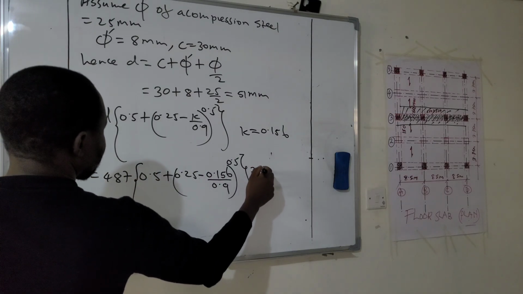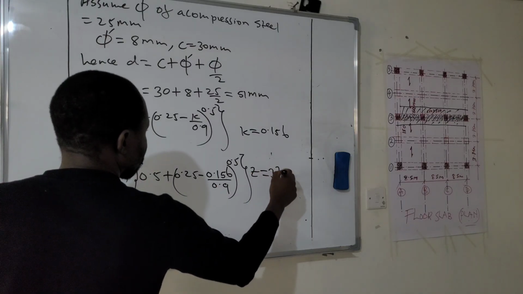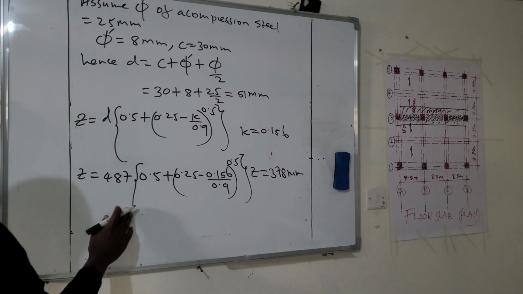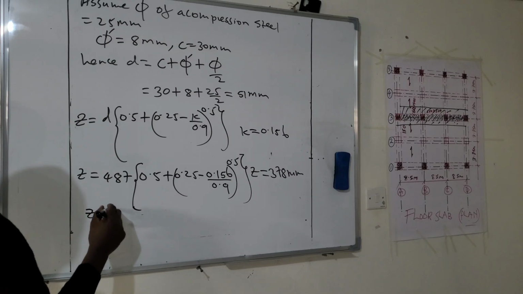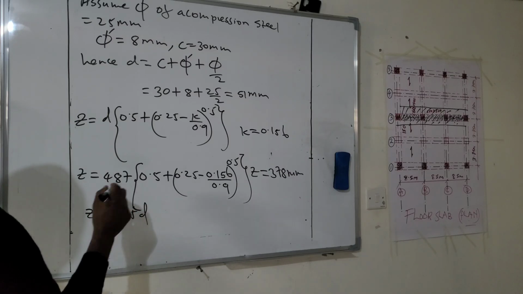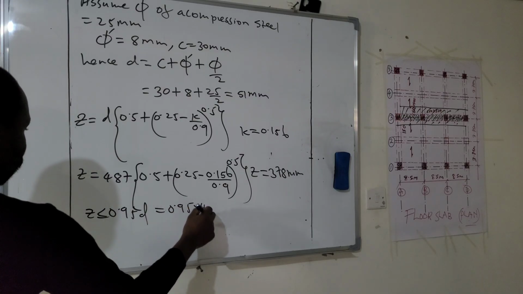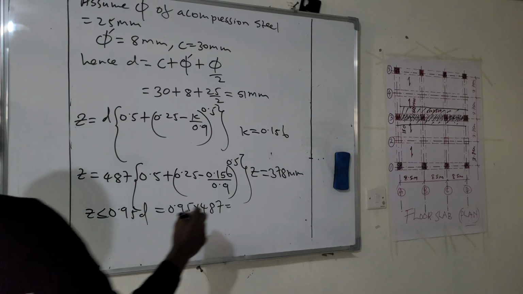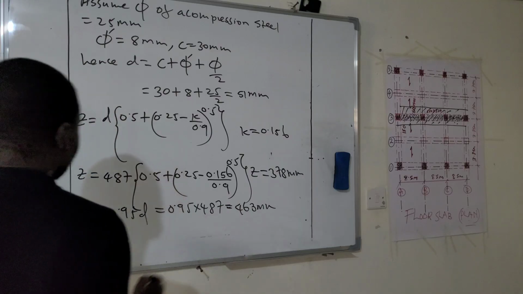So Z is equal to 378. And Z must be less than or equal to 0.95D. 0.95 times 487 is equal to 463. So our Z is okay.